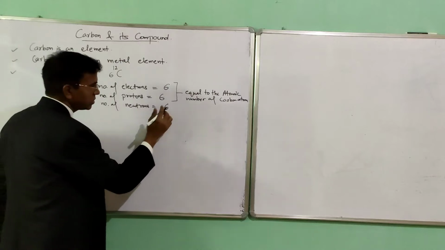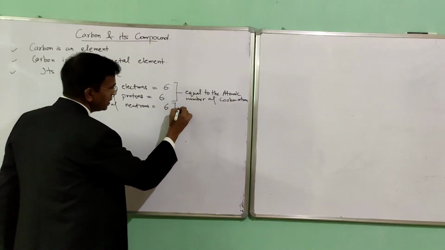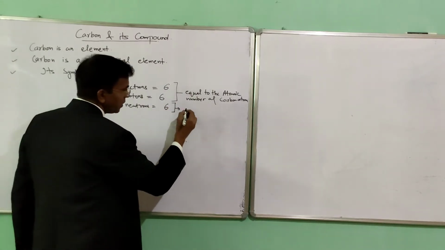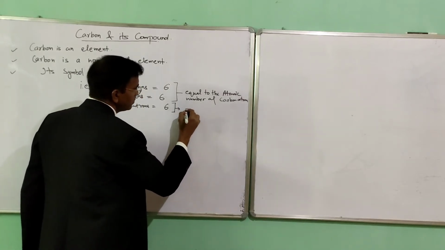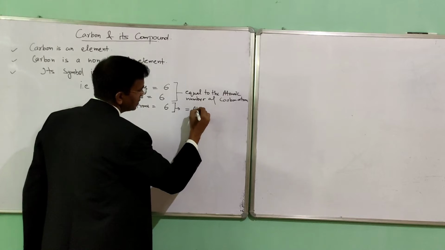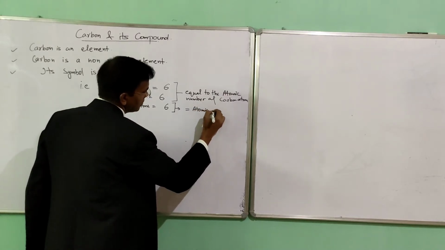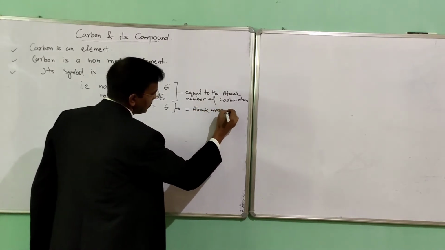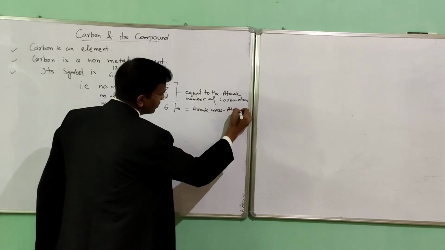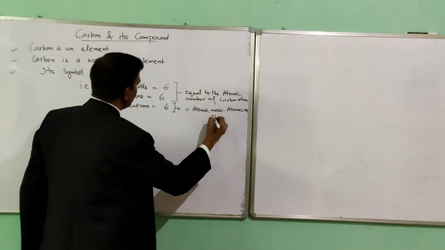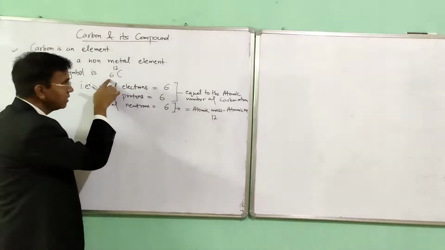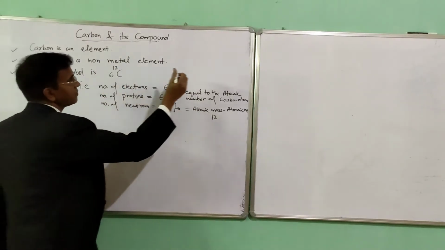Now the neutrons can be calculated by the atomic mass minus the atomic number. Here is the atomic number and here is the atomic mass.